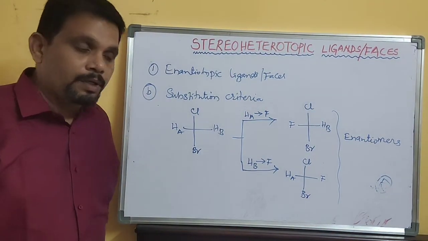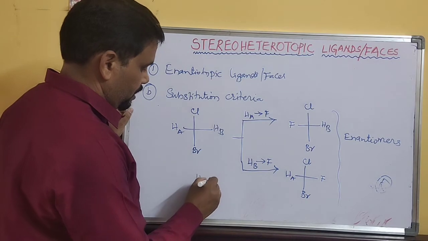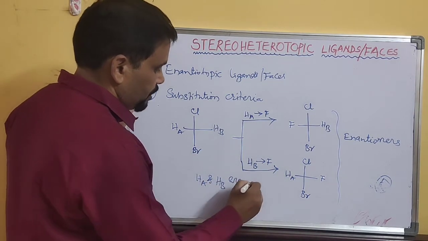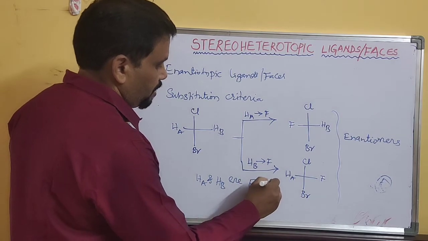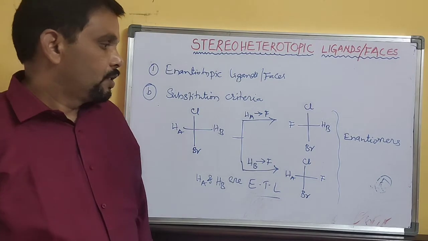Therefore, these two, Ha and Hb, are enantiotopic ligands.